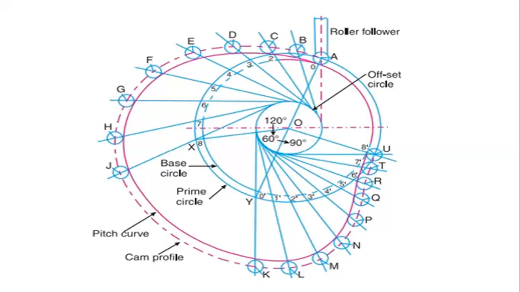And the pink color thickness line is called the pitch curve, and the roller curve is the cam profile.